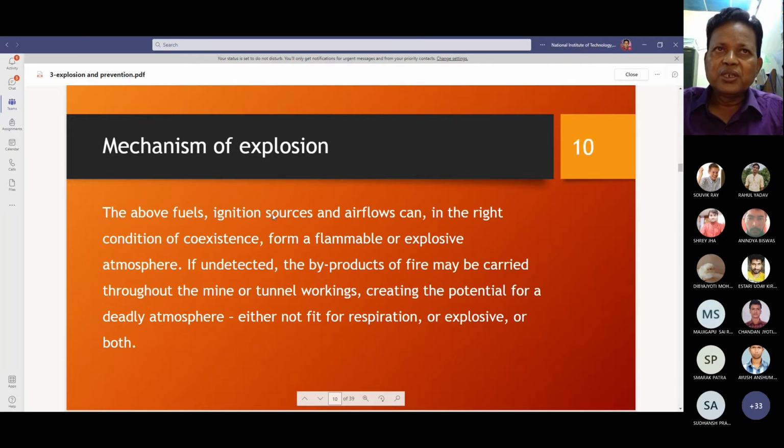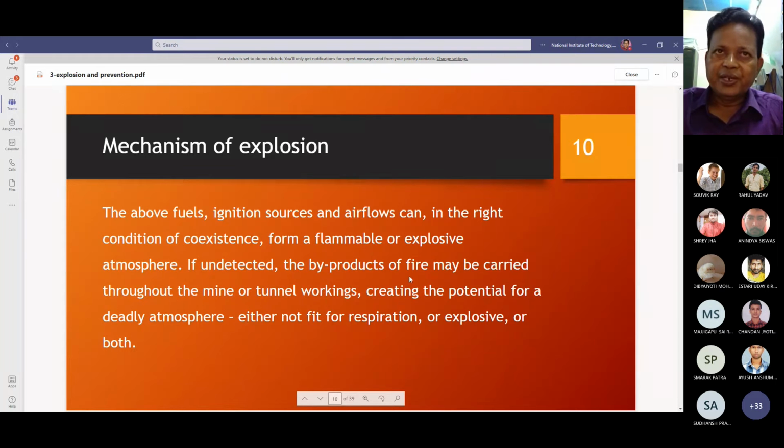The above fuels, ignition sources, and airflow can, in the right condition of coexistence, form a flammable or explosive atmosphere.